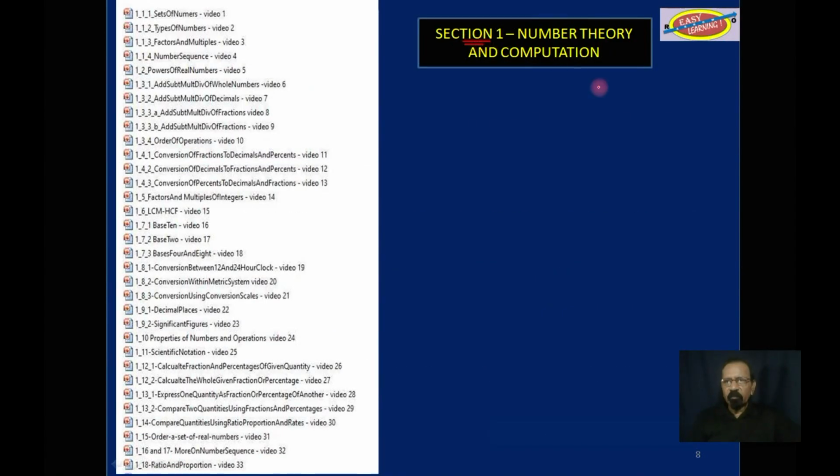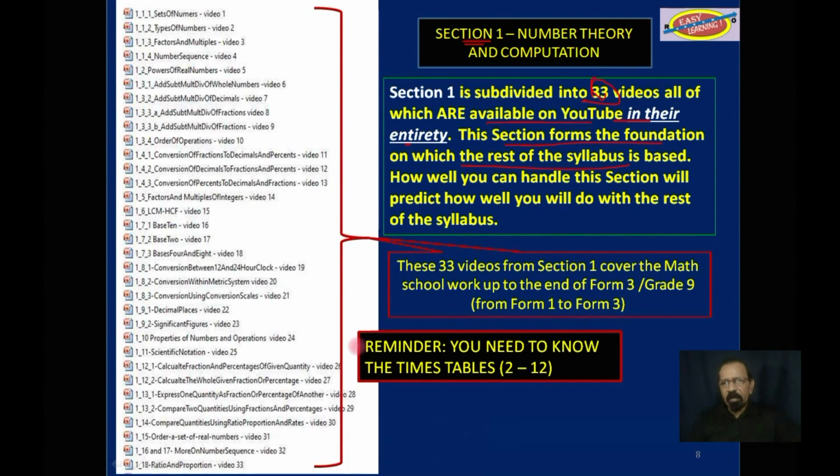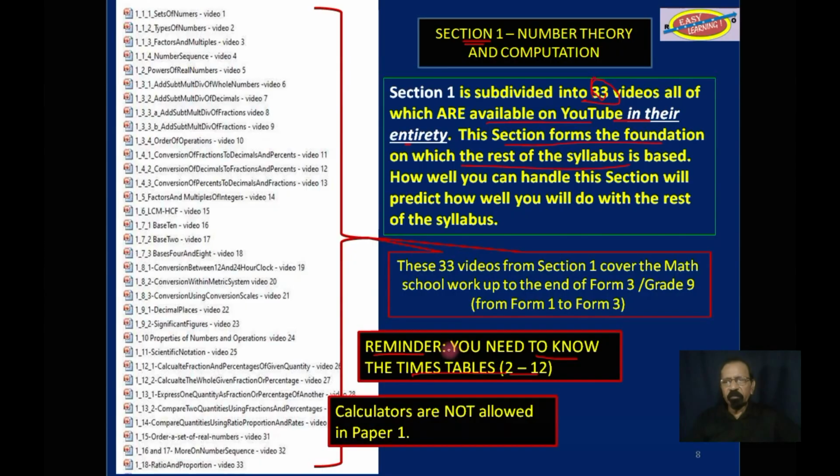Returning to section 1, I have divided that into 33 videos, and as I just said, they are all available on YouTube in their entirety, especially since this section forms the foundation on which the rest of the syllabus is based. Another reminder down here, you need to know the times tables from 2 to 12, especially since calculators are not allowed in paper 1.